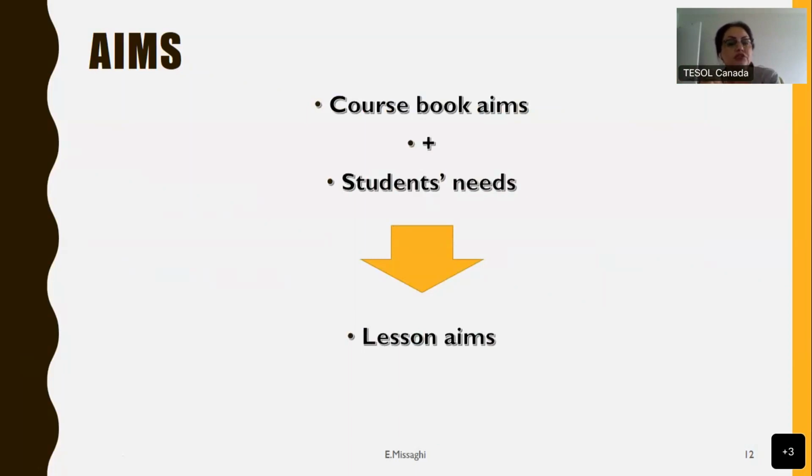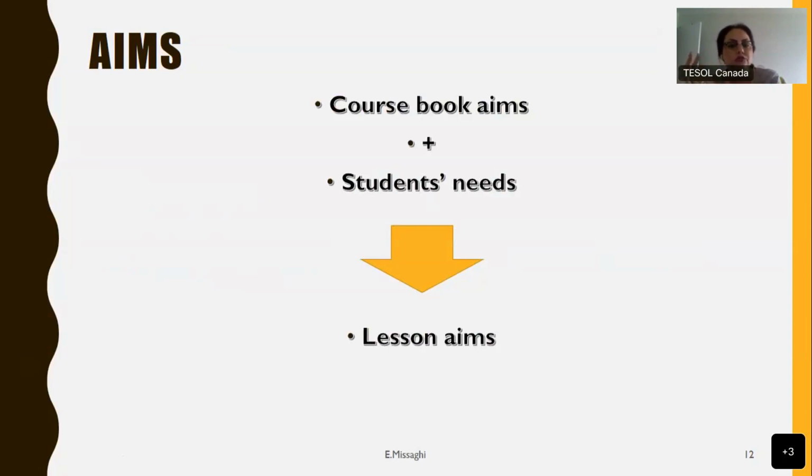But sometimes you have to teach in a school or an institute, so you have to follow the coursebook aim. So writing terminal objectives and enabling objectives is based on, number one, students' needs, number two, the material or coursebook aims. If you have some private students and you want to choose the material, it all goes to students' needs.